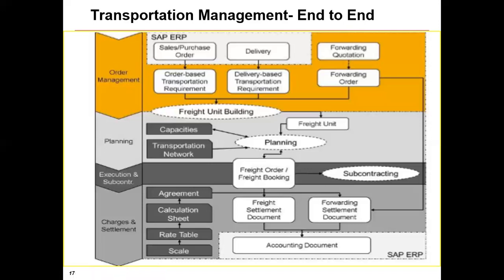Basically, it is a process-based activity which involves the business process, because order management is the most important business process for a company involving transportation management processes. Any question? No questions.